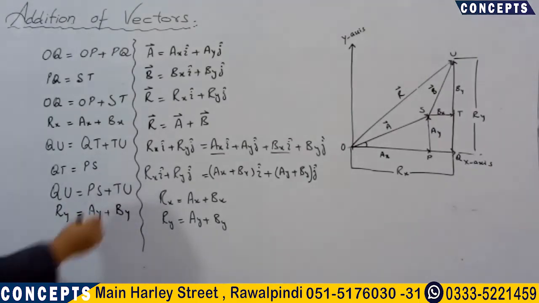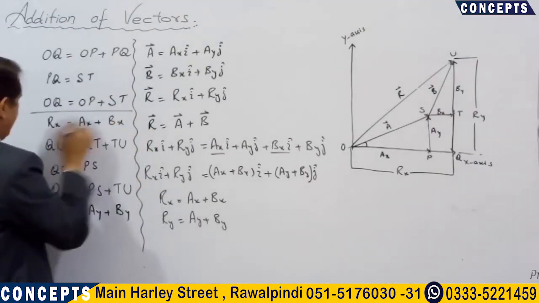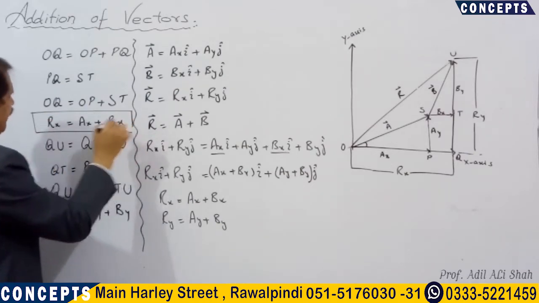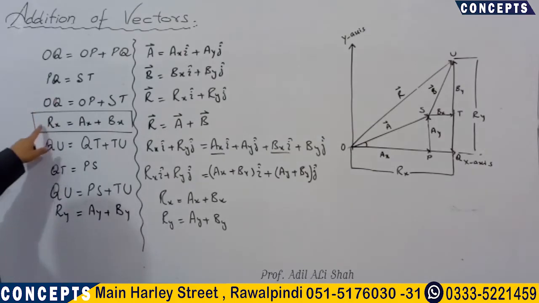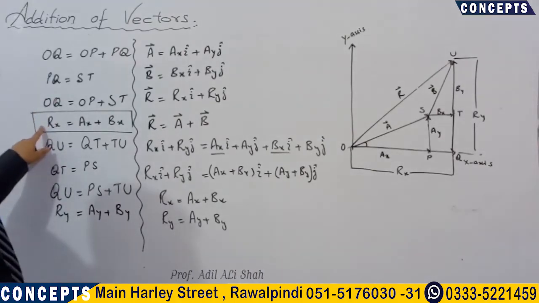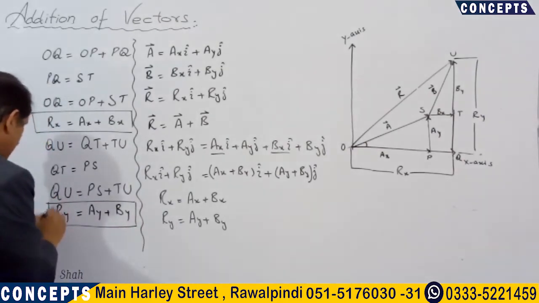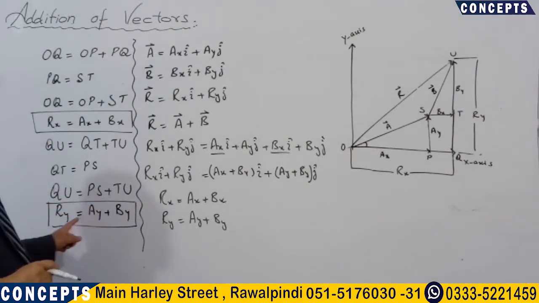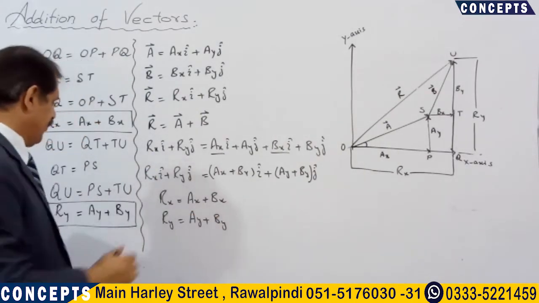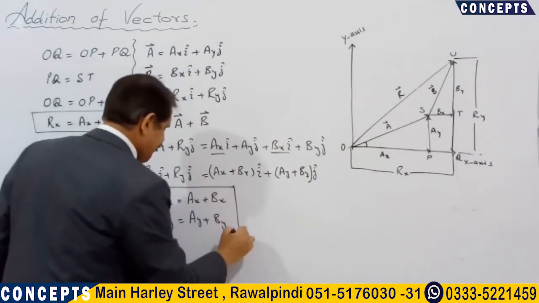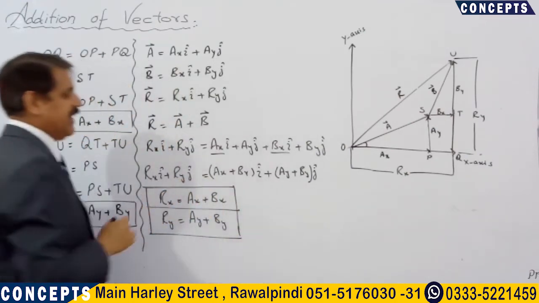You can see that we have proved it here geometrically that the sum of x components is equal to the x component of the resultant vector, and the sum of all y components is equal to the y component of the resultant vector. Now the same has been proved here with the help of vectors.